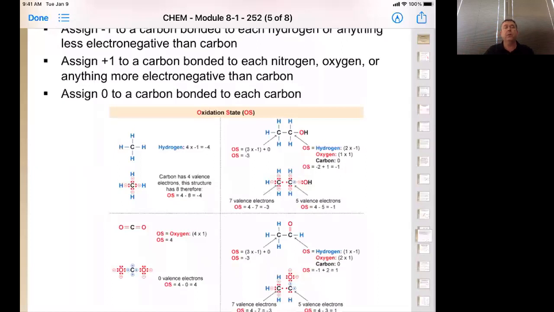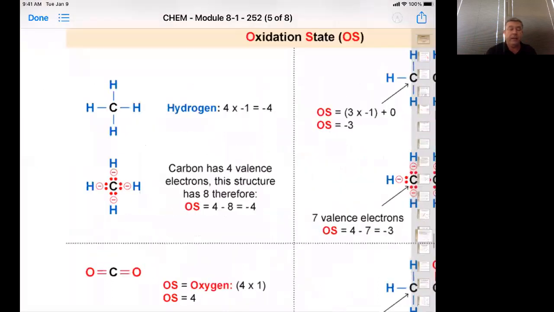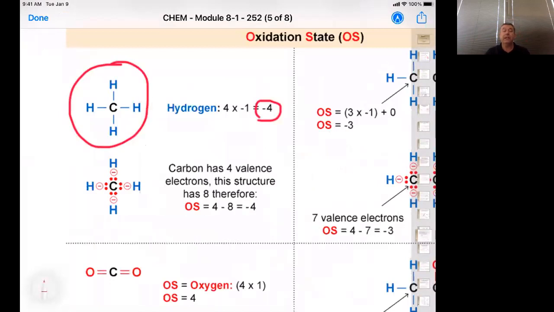So let's do the math. Methane, I said, is the lowest oxidation state possible. We get a -1 for each of those hydrogens, meaning our oxidation state is -4. So that's our low end, -4. You cannot have more than 4 bonds to hydrogen, so that must be our lowest one.